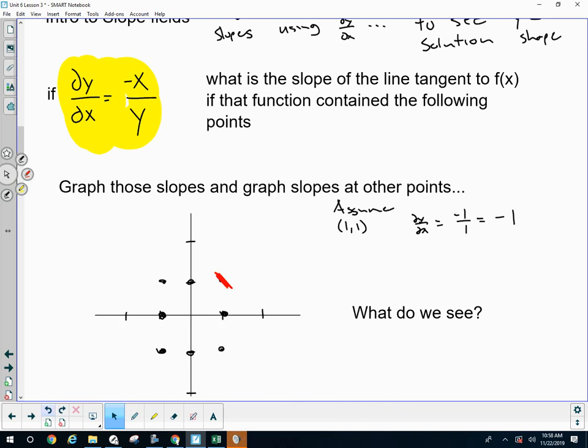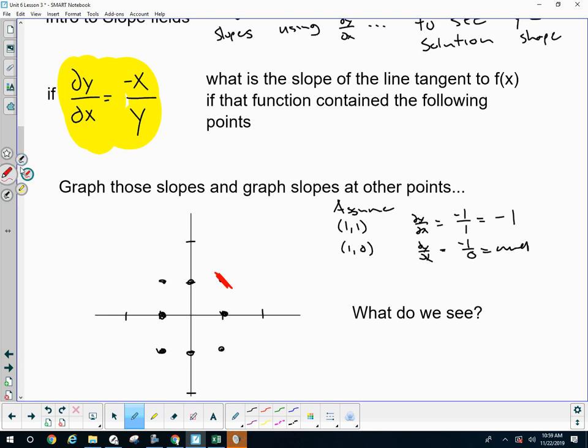Well, again, we didn't know anything else, so the possibilities for what the shape of my graph is are endless. But let's go ahead and find the slopes assuming these other points are there. For example, let's use the point 1, 0. I have negative 1 over 0. That is an undefined tangent slope.